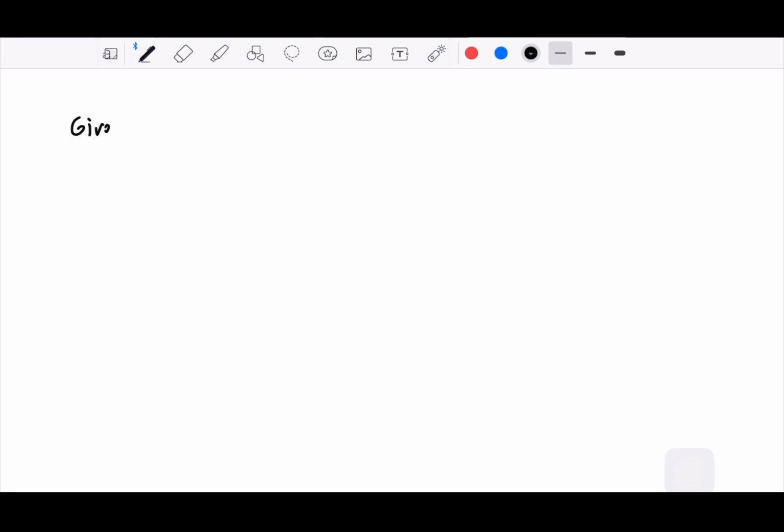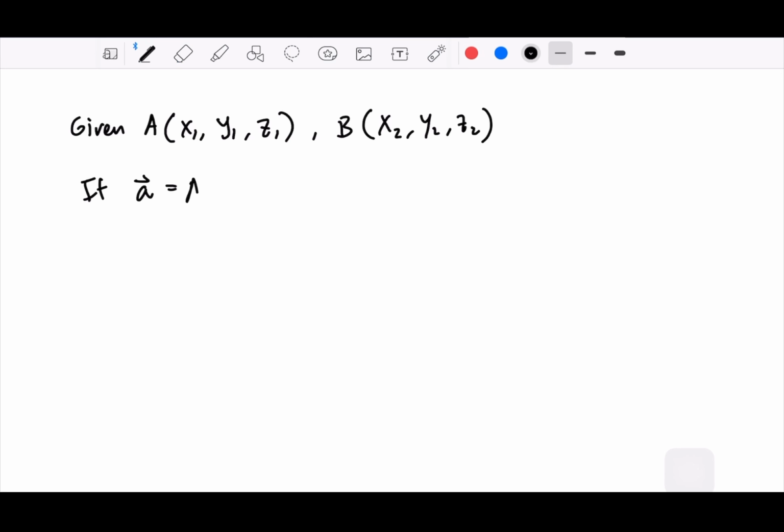If we have three dimensions, given point A is x1, y1, z1, and B is x2, y2, z2, then if vector A is equal to vector AB, we can write A as x2 minus x1, y2 minus y1, and z2 minus z1.